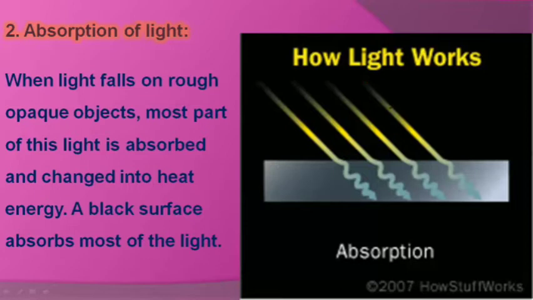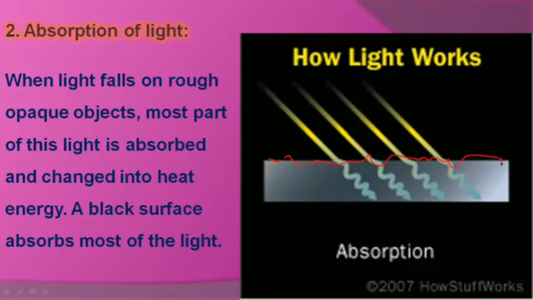Because light is coming towards the surface, these are the rays of light, but the surface is sometimes opaque, like paper and wood. Also sometimes it is a rough surface, not smooth.